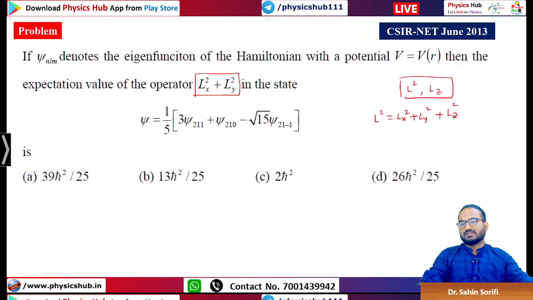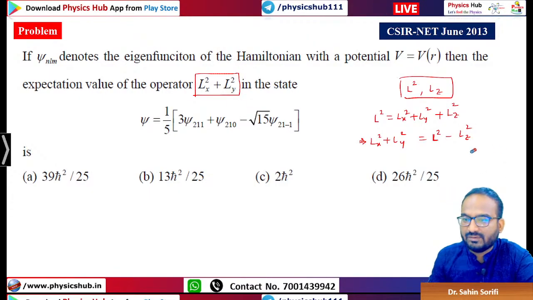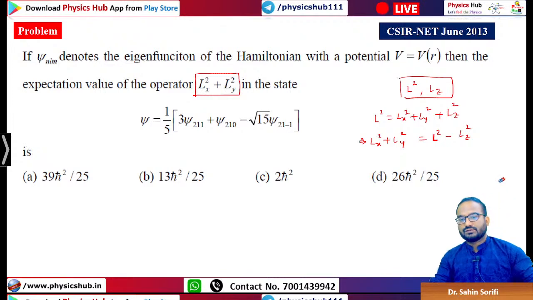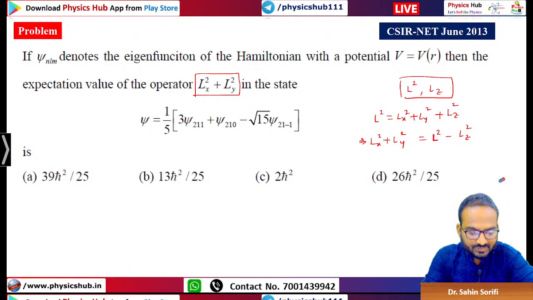So although they are asking you about Lx square plus Ly square, you are seeing it as L square minus Lz square. L square you know, Lz you know. If Lz is ml h cut, Lz square will be ml square h cut square, as simple as that. Now I think I have given you a good hint. You should now be able to solve this problem efficiently.